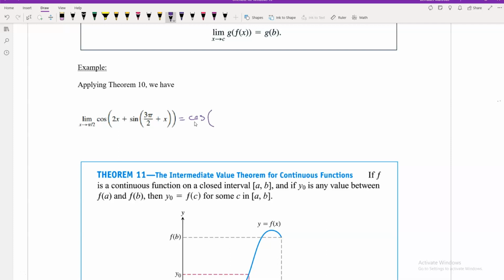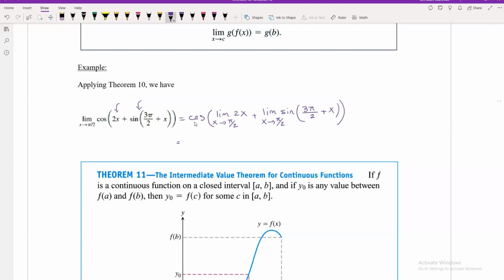We want to find the limit of each one of these. So the limit of cosine 2x as x approaches pi over 2 plus the limit of sine 3 pi over 2 plus x, and here x approaches pi over 2.